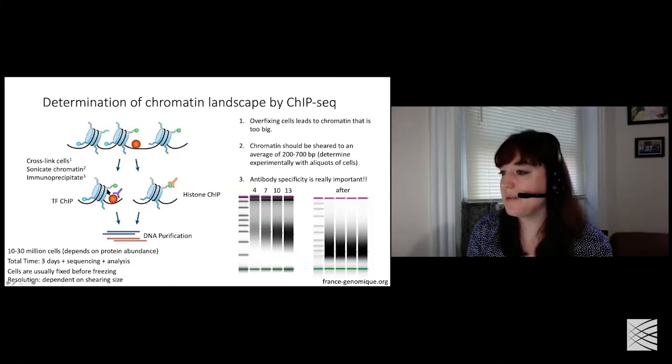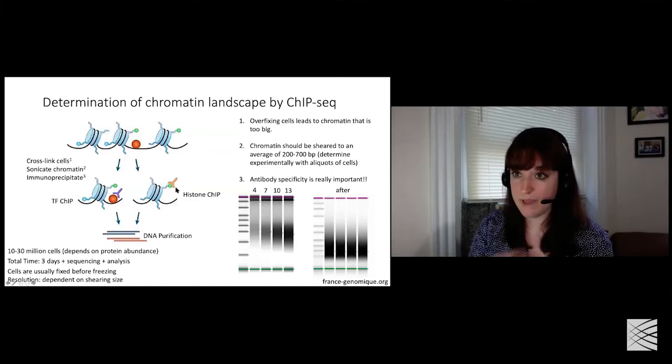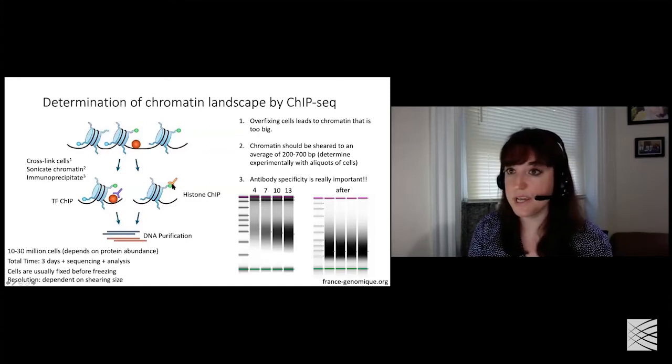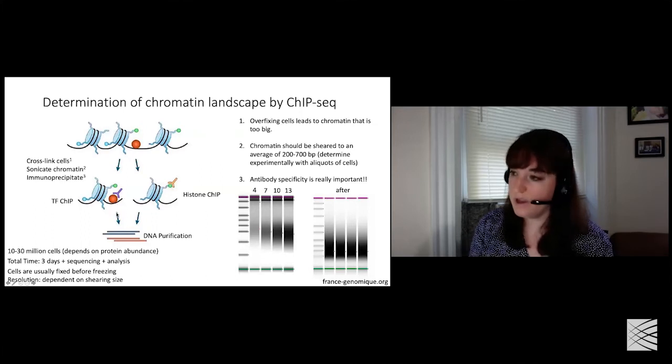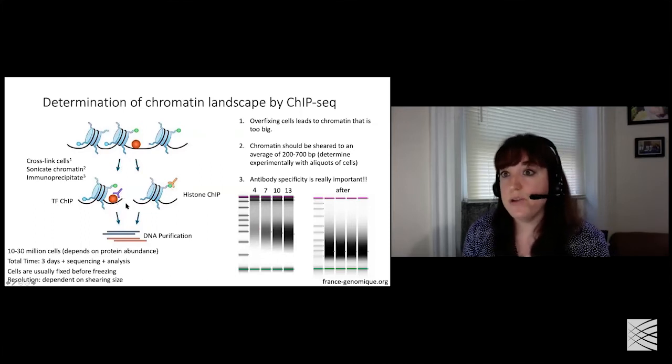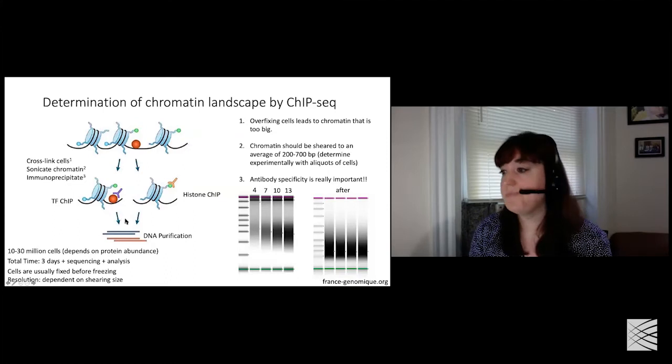You can do an IP for a transcription factor, shown here, or you can do an IP for a histone mark, such as H3K4 trimethyl, which would be indicative of transcriptionally active regions of DNA. Once you isolate your protein, you reverse the cross-link and degrade the protein, and you're left with the DNA that was bound by your protein of interest.